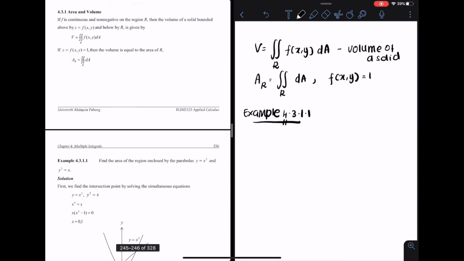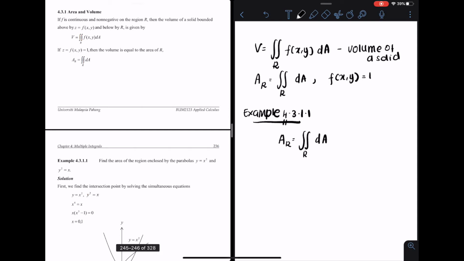So let us recall the correct formula. This is the correct formula: double integral over region R with respect to A. So right now, it's up to you to solve the problem by using type 1 or by using type 2 integral. So maybe we can try to approach this question by using those two methods.